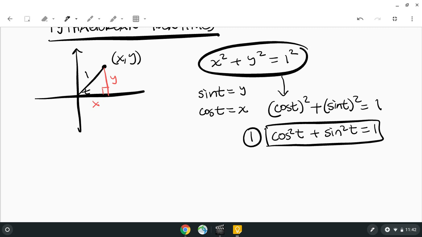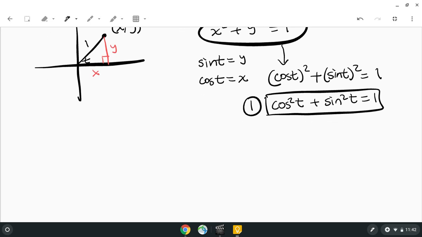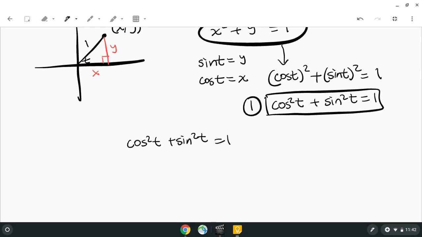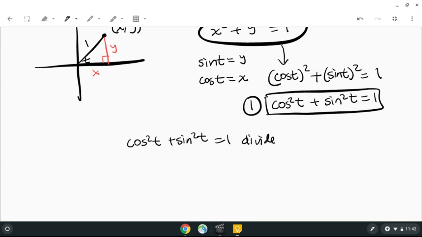Okay, now if we divide all of those by cosine squared, let's go ahead and do that. Okay, so if I take that equation and divide all by cosine squared, right?